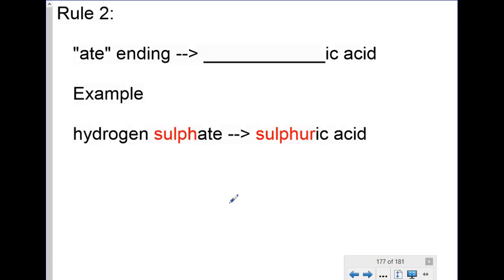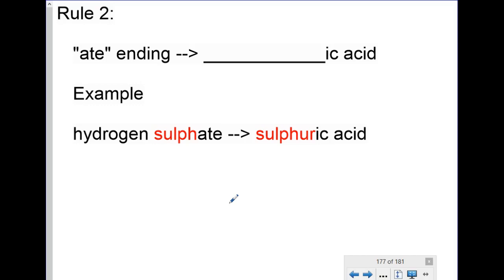If you turn over your periodic table to look at the polyatomic ion chart in the back, notice that there are a few things on that back side that have ATE endings. I don't know if you want to highlight those and indicate that they fit into rule number 2. If it is an ATE, we totally knock off all of hydrogen.